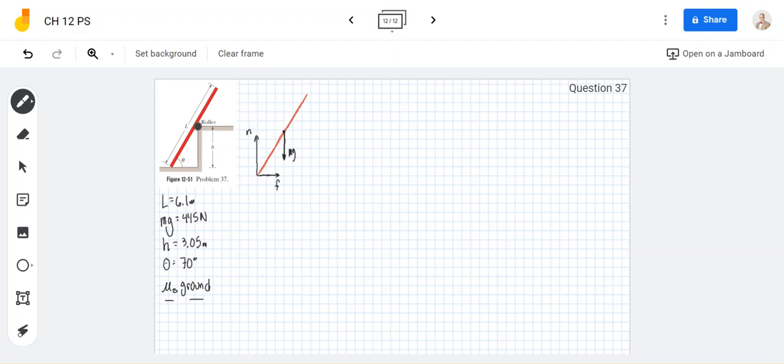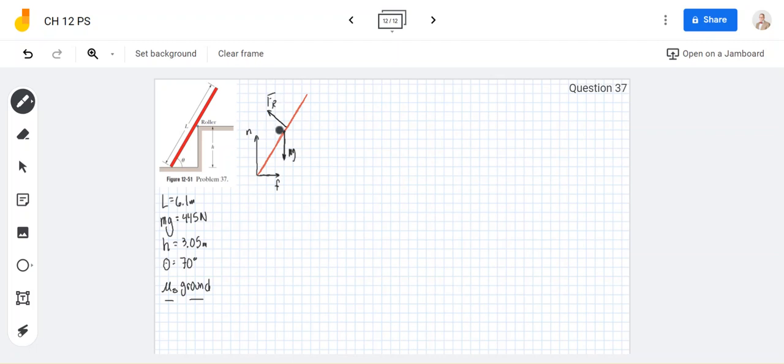Now, the thing is, given the context of the problem, we're actually going to have to figure out what this length is here. But the force from the roller is here. And you'll see what distance it is. So this is F_R, for force from the roller.